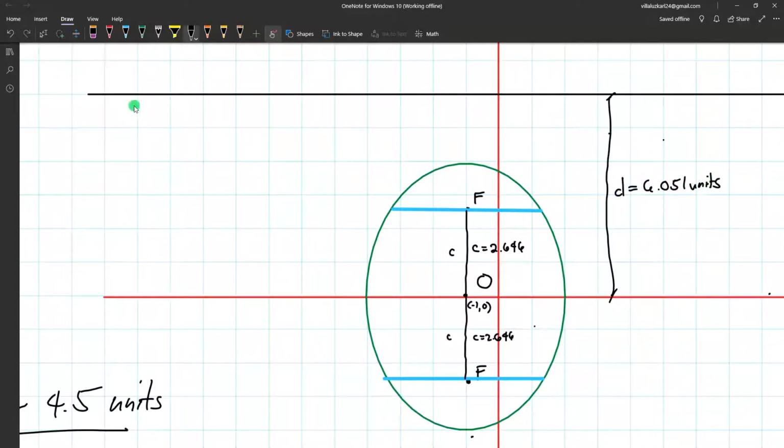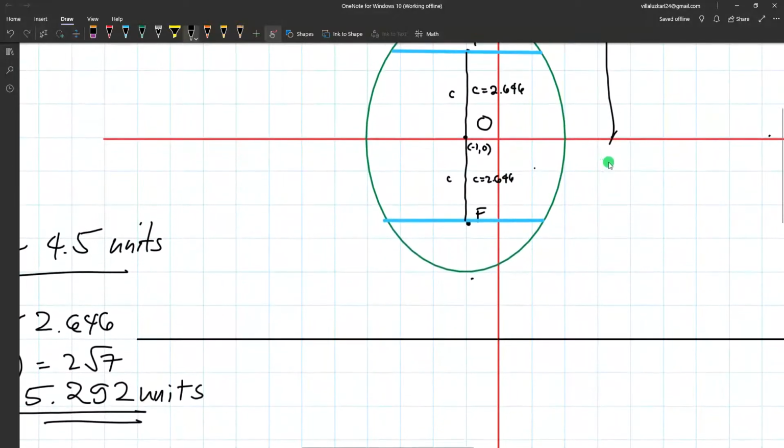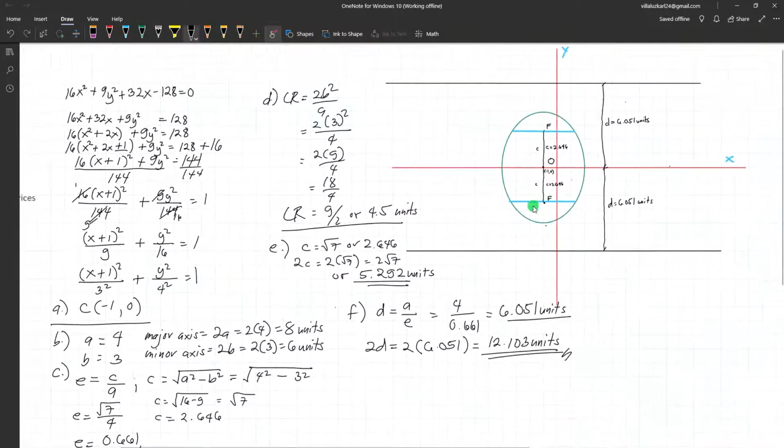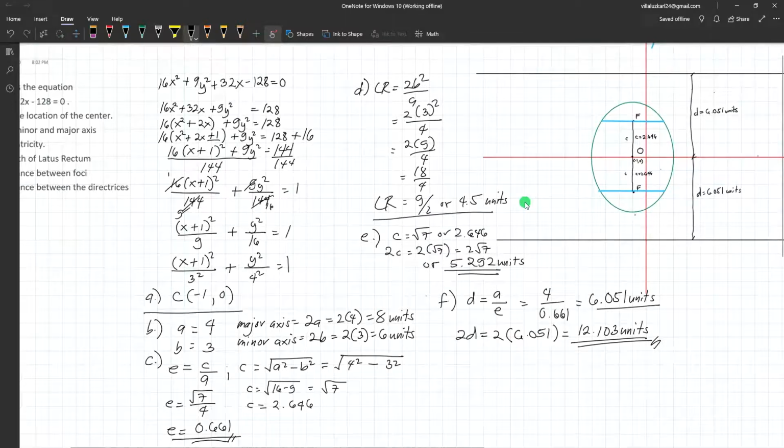That's the location of the line for the directrix. And this one is your distance d also, 6.051 units. Now, that's how you solve this problem.